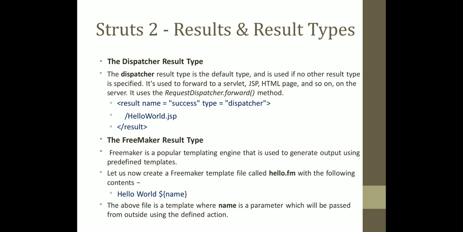Okay. Then the FreeMarker result type. FreeMarker is a popular templating engine that is used to generate output using predefined templates. Let us now create a FreeMarker template file called hello.fm with the following contents: hello world $name.